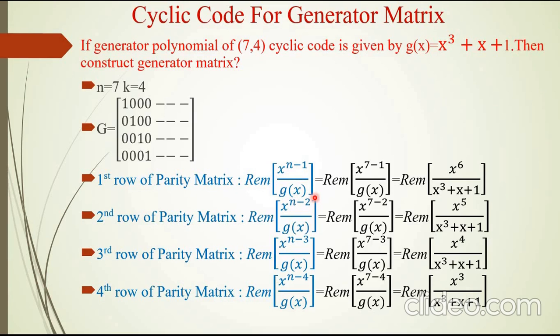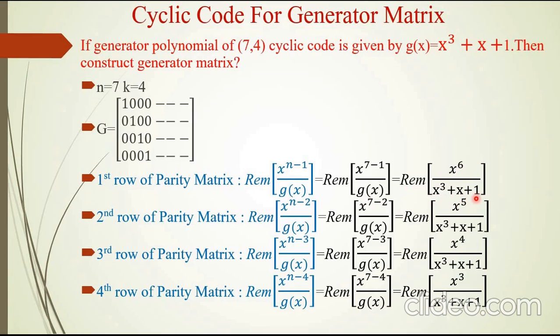Here n is 7, so remainder of x to the power 7 minus 1, which means x to the power 6, divided by g(x), and g(x) is given in this question as x cube plus x plus 1. So it will be remainder of x to the power 6 by x cube plus x plus 1.